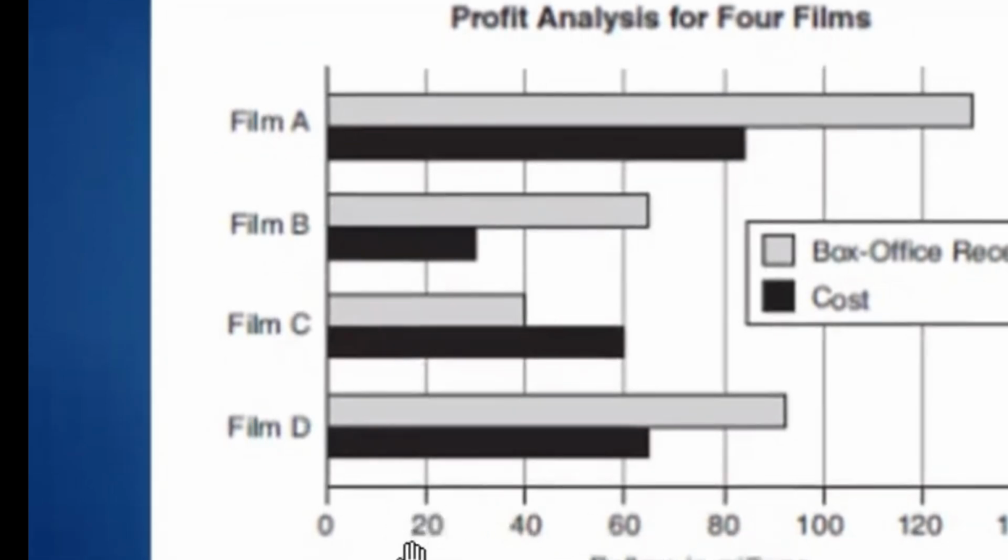So here 20 represents $20 million because it's telling you right here on the x-axis that these values are in millions of dollars. So this 140, for example, represents $140 million, okay? So just keep that in mind.